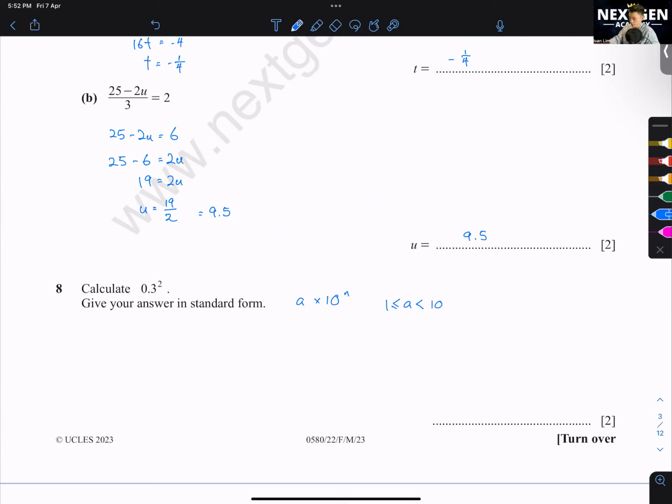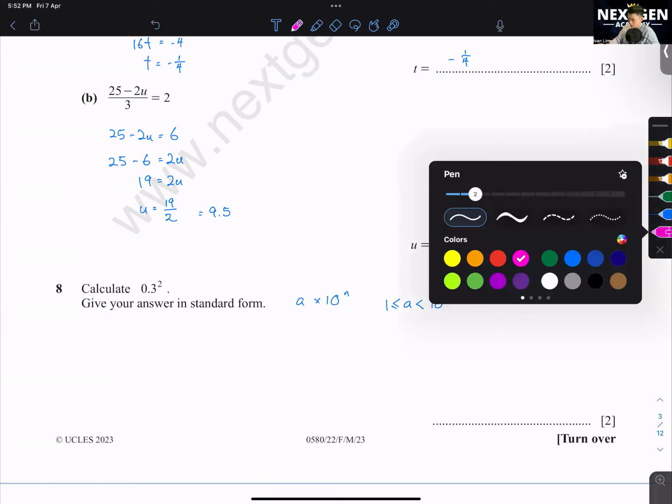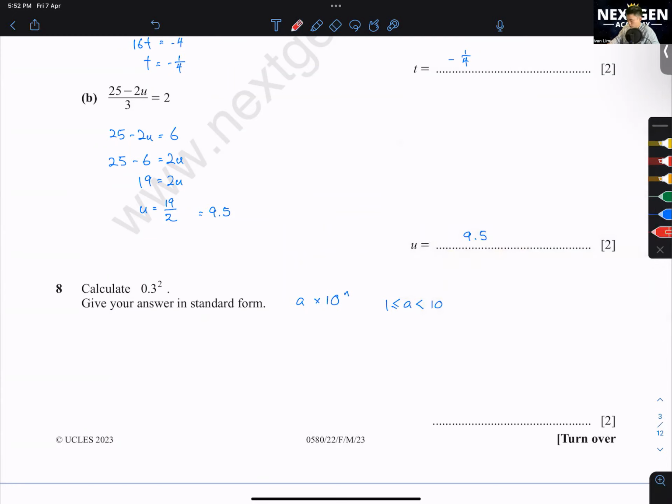So you just need to remember the digit. We need one non-zero digit before the decimal place. To put it into simplified words, we need one non-zero digit. So either 1, 2, 3, 4, 5, 6, 7, 8, 9, 10.